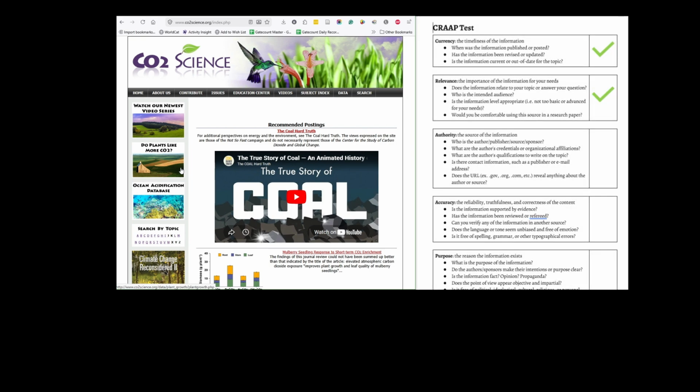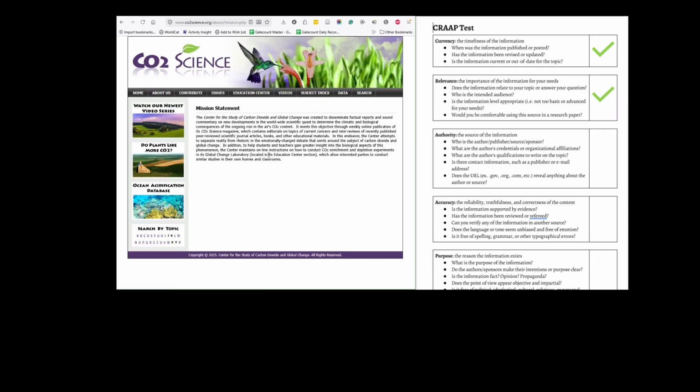Next thing is authority. So let's see. I see that the URL is a .org, not a .com. So .org is reassuring to me. Let's see if we can figure out, look at the mission statement on the About page.